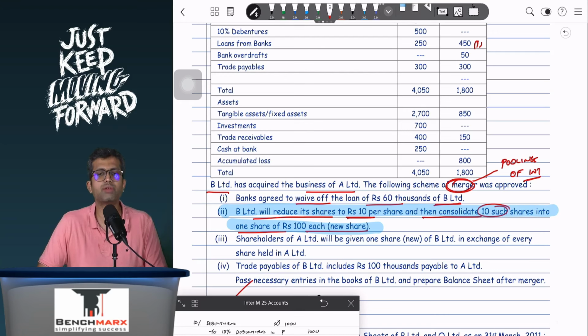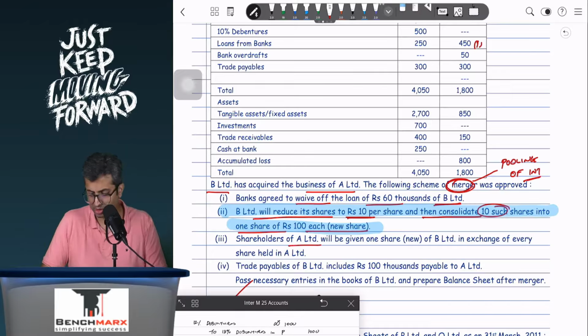Now the only way you can reduce the face value of this share is by a capital reduction scheme. Share capital's reduction of face value is not permitted unless there was a scheme of capital reduction or internal reconstruction approved. So this adjustment tells you that there is a hidden internal reconstruction over here. And then you will do a share consolidation as well, which is also something that you will do in the internal reconstruction chapter.